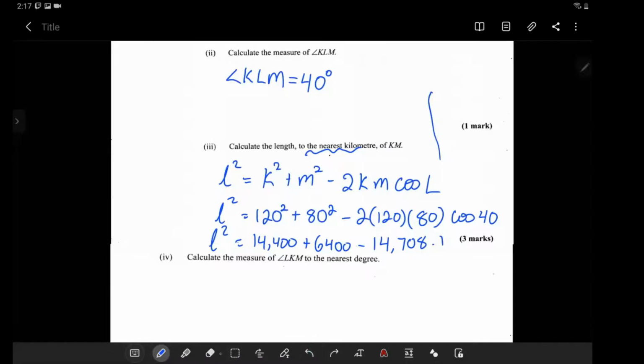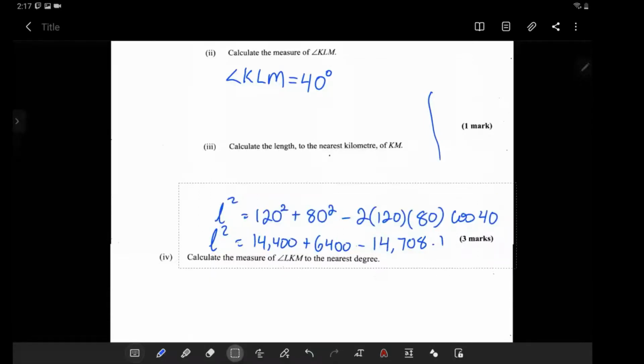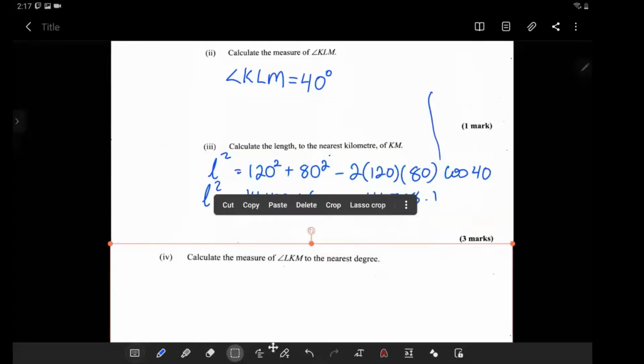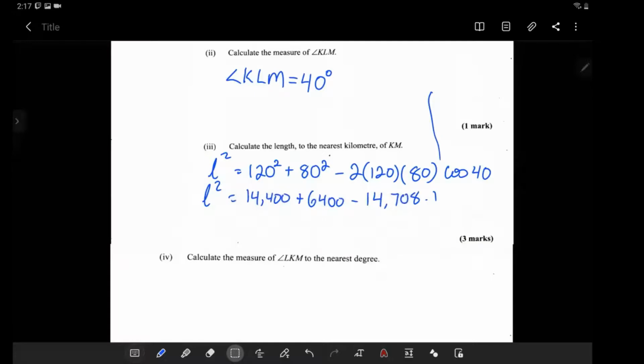Allow me to erase this piece of the calculation to finish it. So I'll just move these up. All right, so continuing, simplifying. We have 14,400 plus 6,400, that is 20,800.